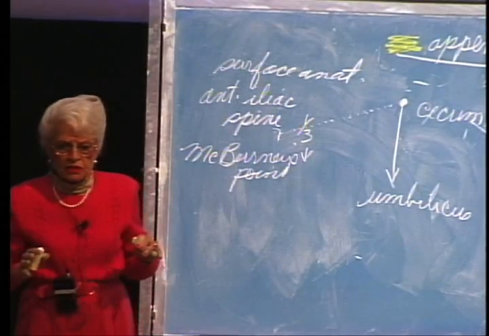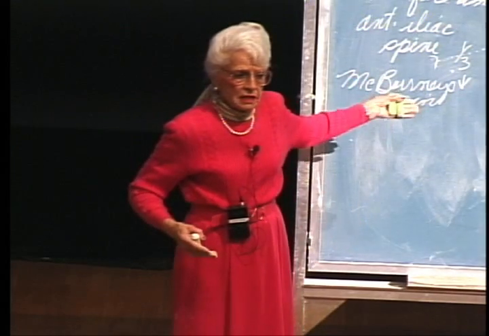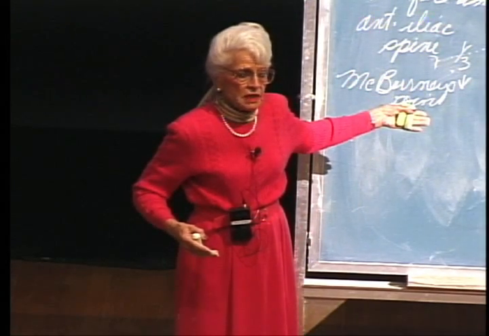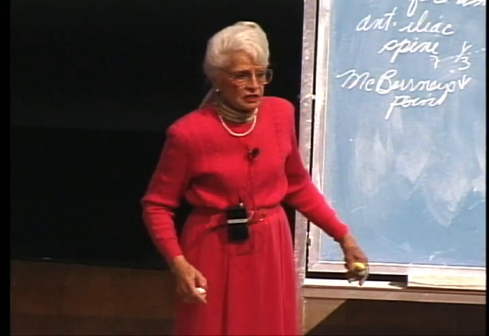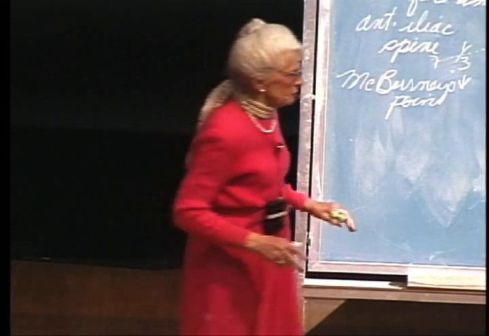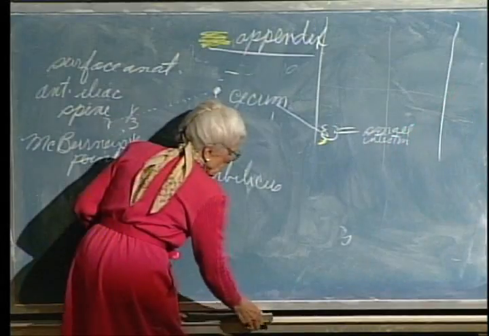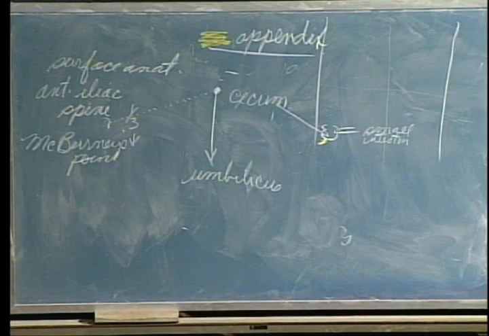I'm going to backtrack just a little minute to cover, I didn't know where to put it in, but we've got to discuss the peritoneum. And then I'll come back to the appendix because we'll say what happens if the appendix bursts and puts all the contents from the cecum out into your peritoneal cavity. So let's go to the word peritoneum for a moment and then come back to our GI tract. We've had the pericardial sac with parietal and visceral pericardium.